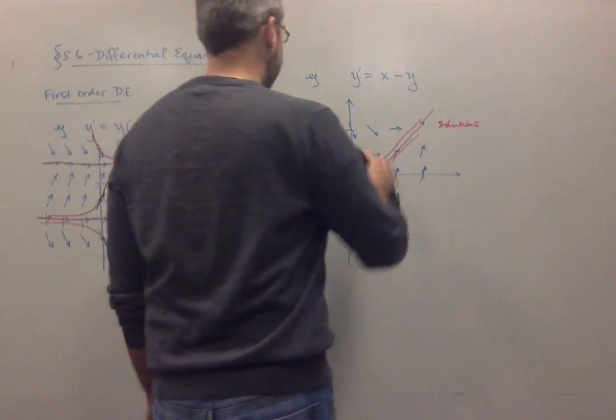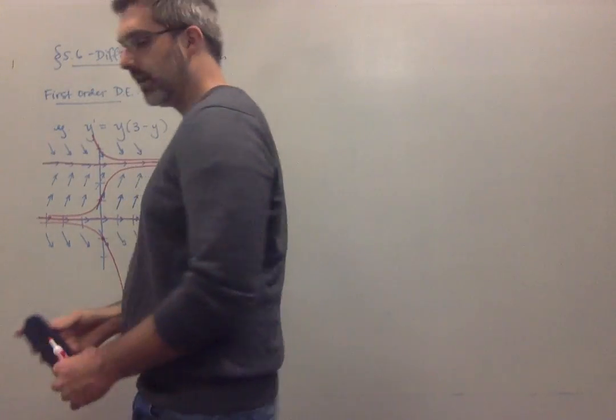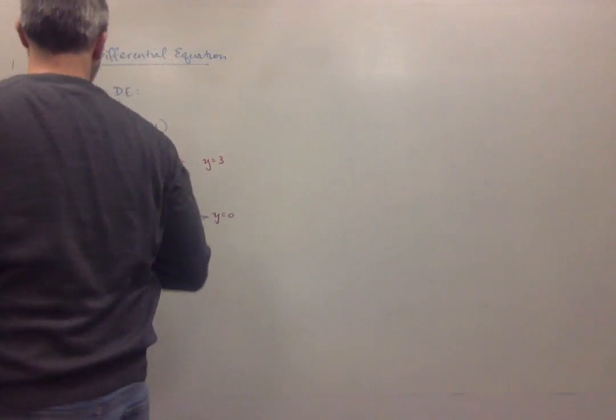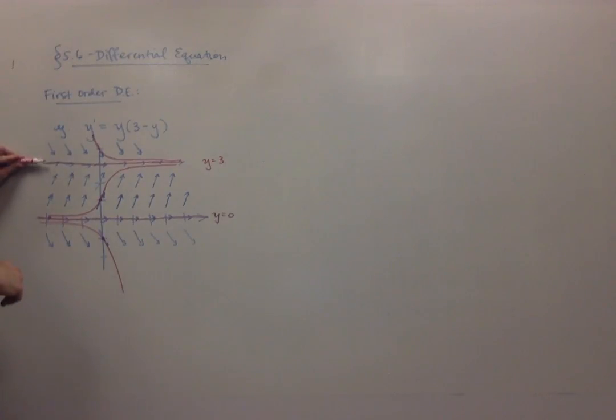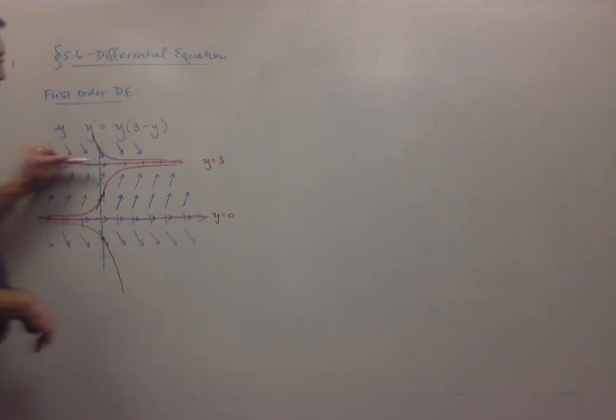And if you're ever not sure, you pick another point in between and just compute what the slope is there. You'll notice that anything that stays on this line doesn't move.